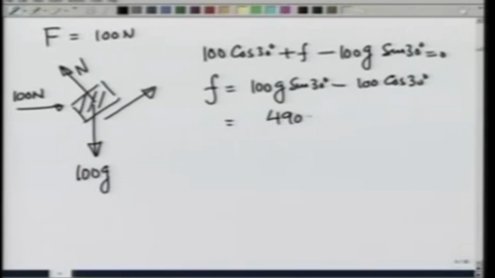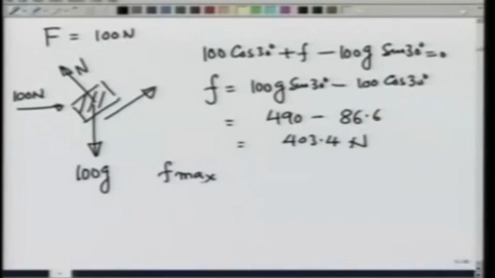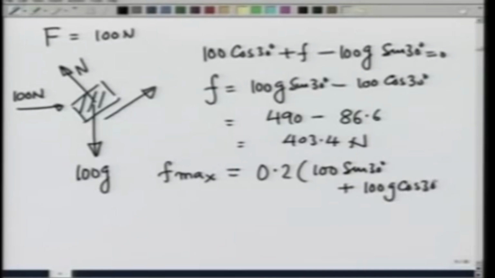to be 490 minus 86.6, which is nothing but 403.4 newtons. So, the force that I require to keep the block in equilibrium is 403.4 newtons. Let us see what is f maximum possible value. F maximum possible value is 0.2, the static friction, times 100 sine of 30 degrees plus 100 g cosine of 30 degrees.